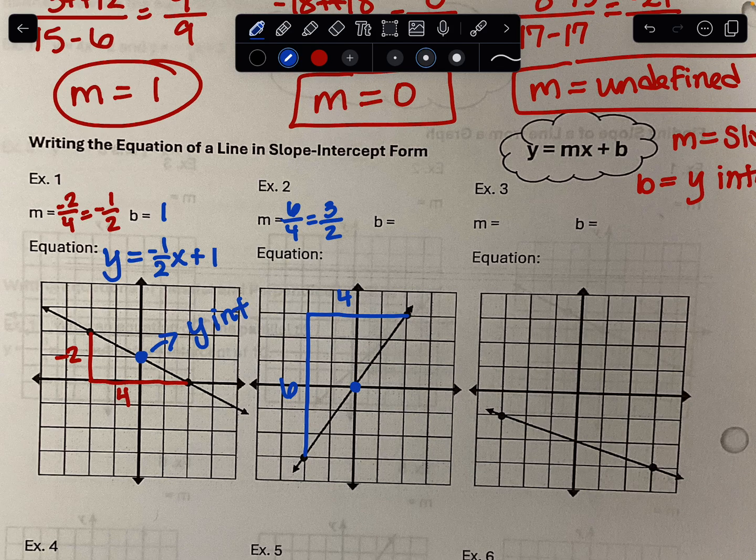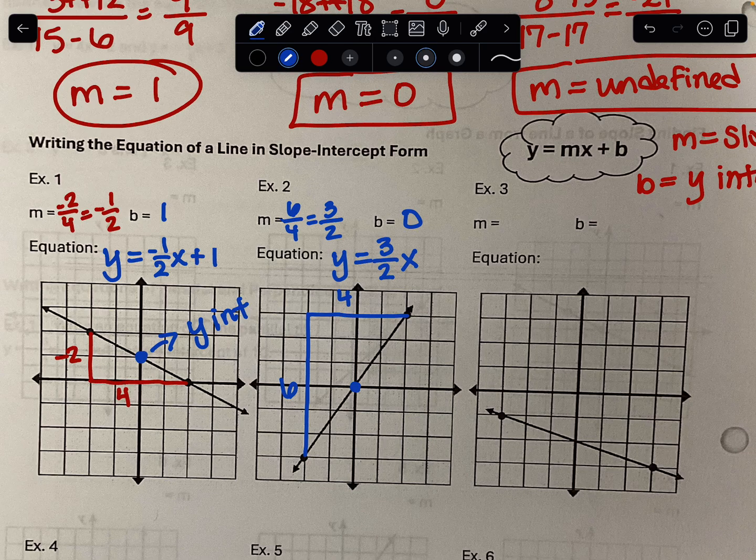Yeah, crosses the y-axis at 0. Then I just plug those two in for m and for b. So what would your equation be? Now, do I need to write plus 0, you guys? No, right? It's not necessarily wrong if you do, it's just unnecessary. It's like putting 1x. We don't need it there because we know it's there.